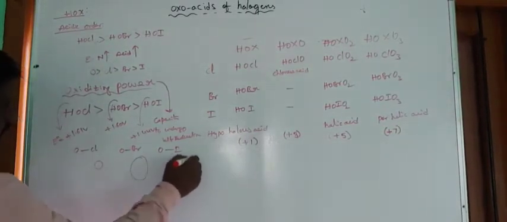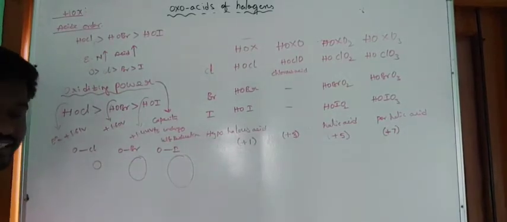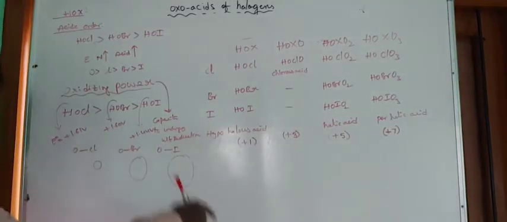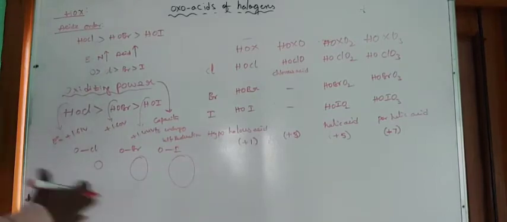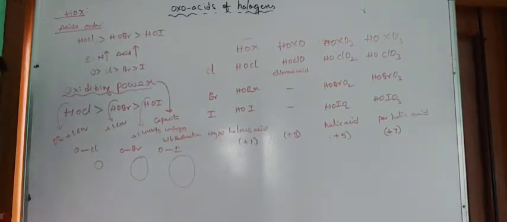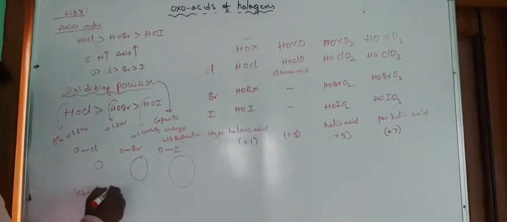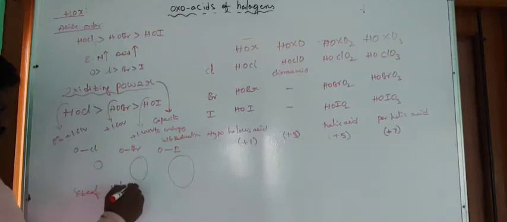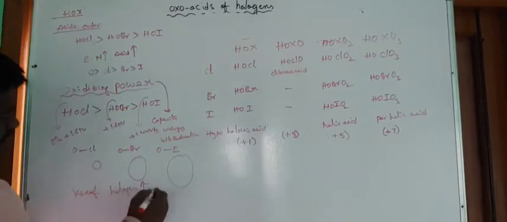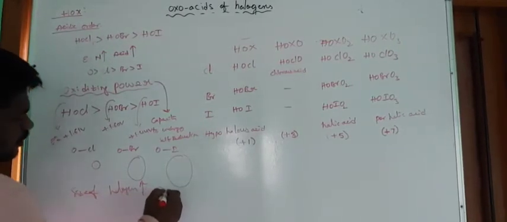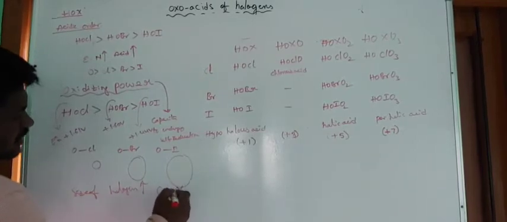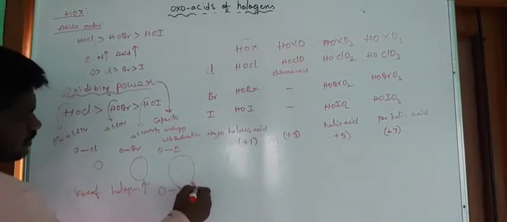As the size of the halogen increases, the bond strength also increases due to polarization. So as the size of the halogen increases, the strength of the bond between oxygen and halogen also increases.